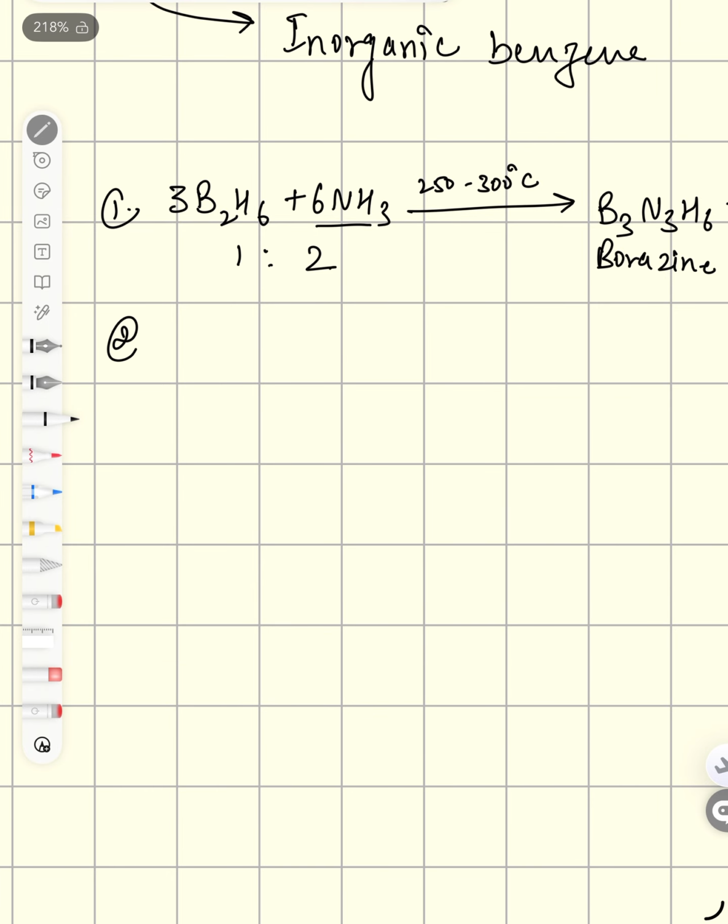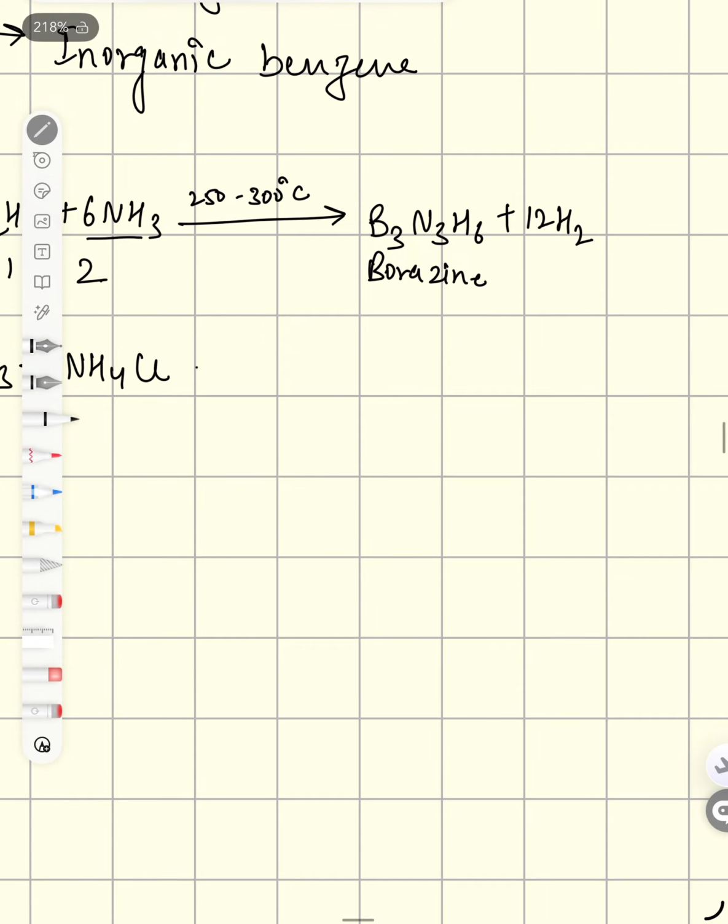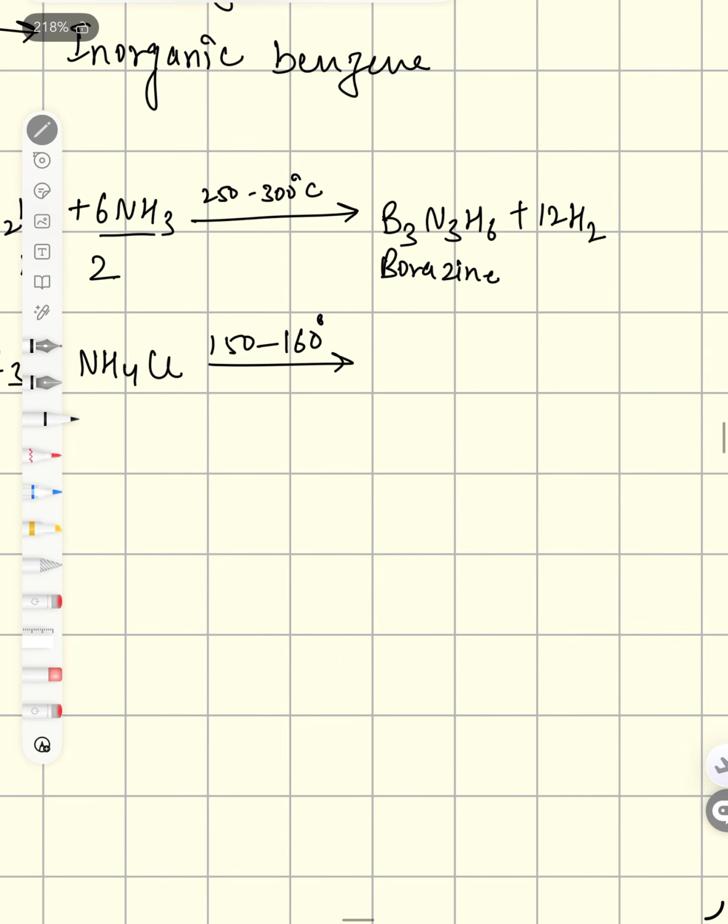Second method is by the reaction of boron trichloride with ammonium chloride at 150 to 160 degrees Celsius. This forms a trichloride product of borazine.